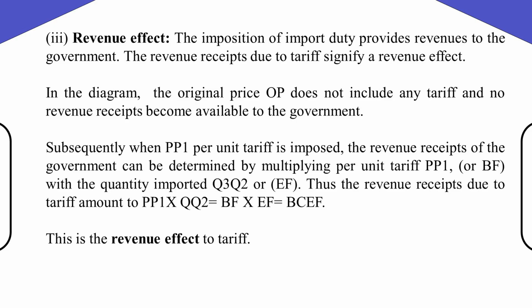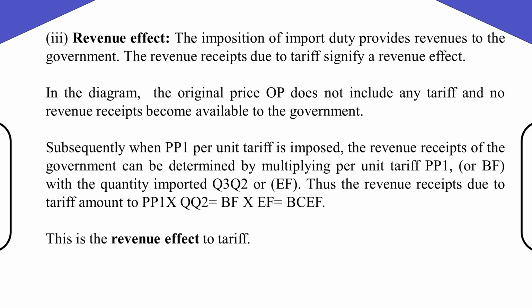Subsequently, when PP1 per unit tariff is imposed, the revenue receipts of the government can be determined by multiplying per unit tariff PP1 or BF with the quantity imported, that is Q3Q2, or it is EF.